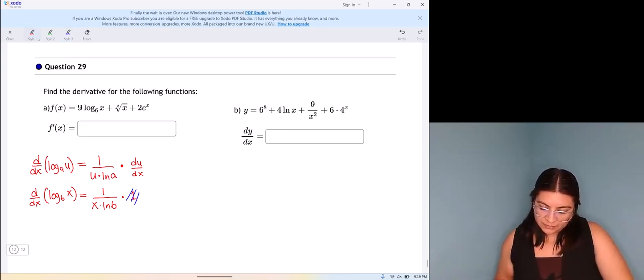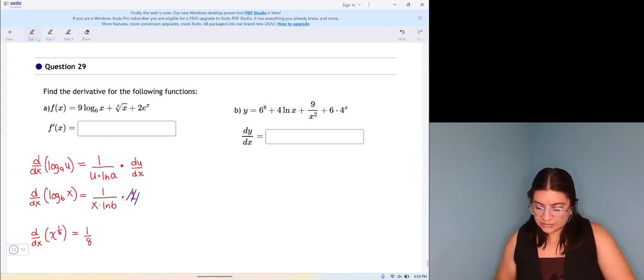For the second term, the derivative with respect to x of the 8th root of x, the 8th root of x means x to the 1 over 8, which is equal to 1 over 8 x to the 1 over 8 minus 1, which is 1 over 8 times x to the negative 7 over 8.